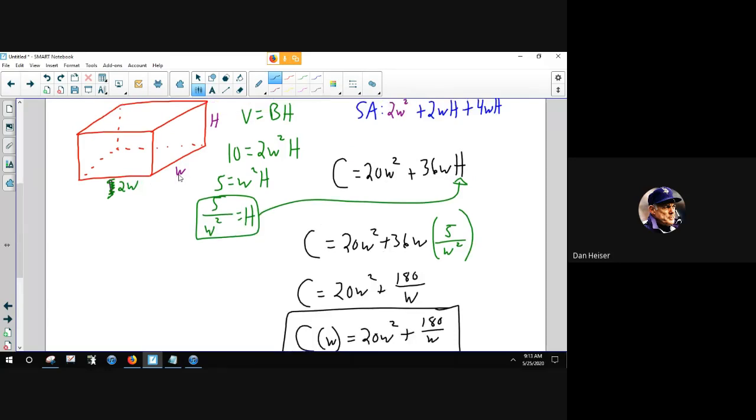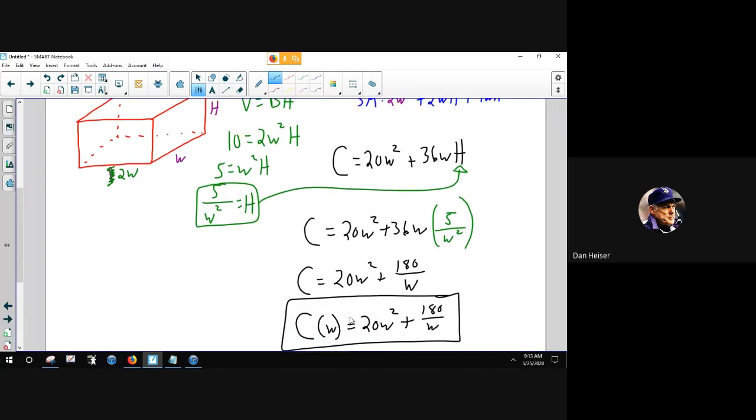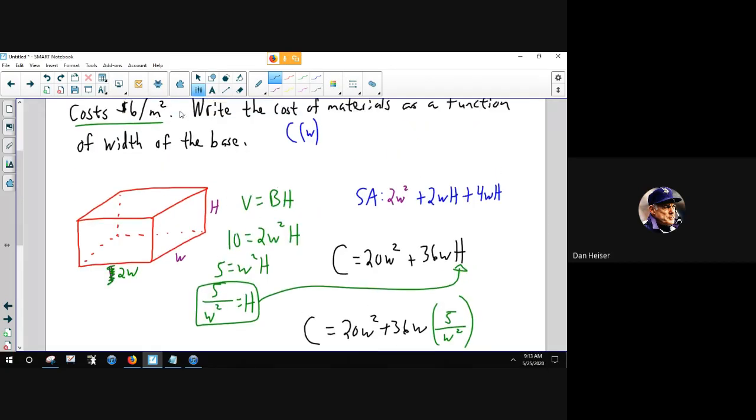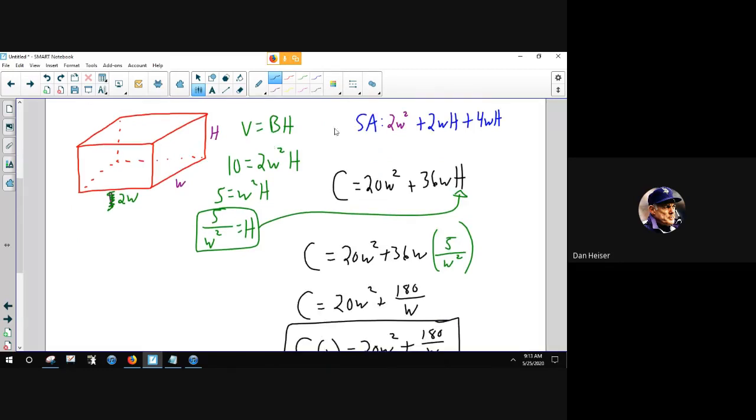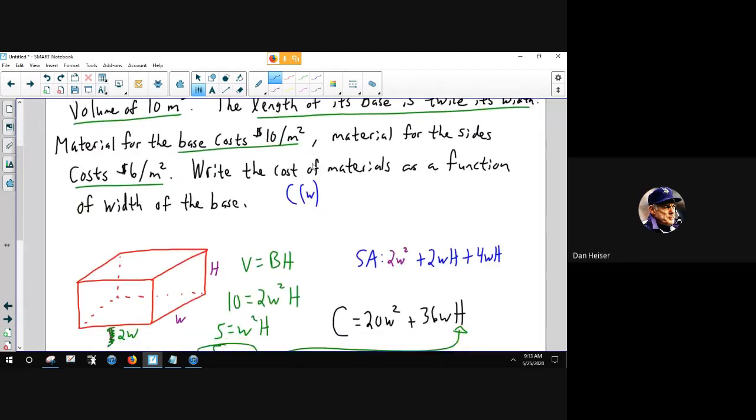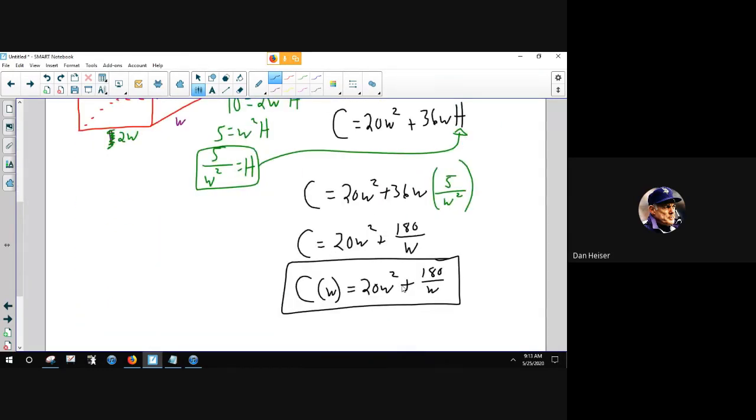So all we need is the width, and we can calculate the cost of making that box. Starting with a verbal model, a very intricate verbal model, and writing an algebraic function. Writing an algebraic representation of this function. Cost in terms of the width is equal to this.